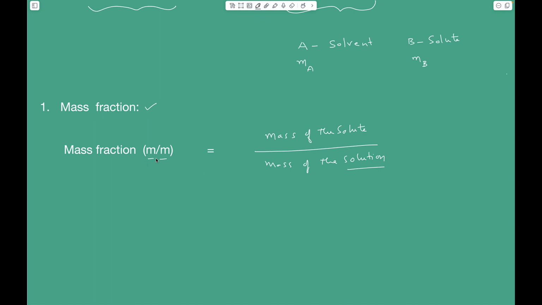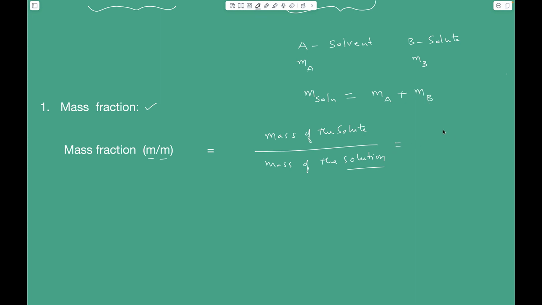And the preparation of a solution is a physical change. And according to the law of conservation of mass, there is neither a loss nor gain in mass during a physical or a chemical change. Therefore, according to the law of conservation of mass, the mass of the solution must be equal to the sum of the masses of the solvent and the solute.